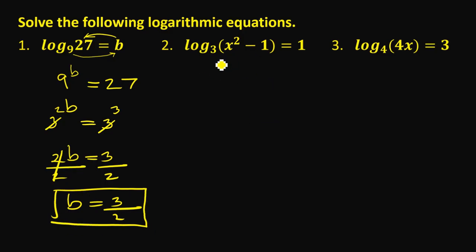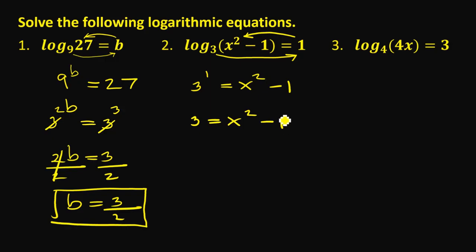Number 2, we have log base 3 of x squared minus 1 is equal to 1. So base 3 raised to 1 is equal to x squared minus 1. 3 raised to 1 is 3, equals x squared minus 1.